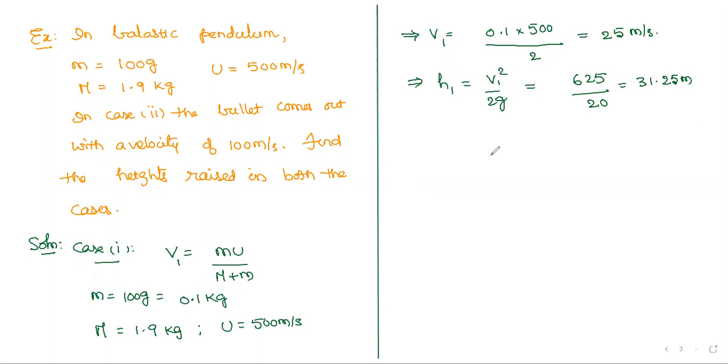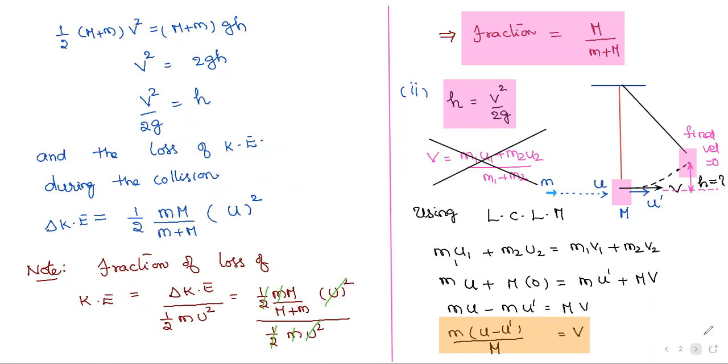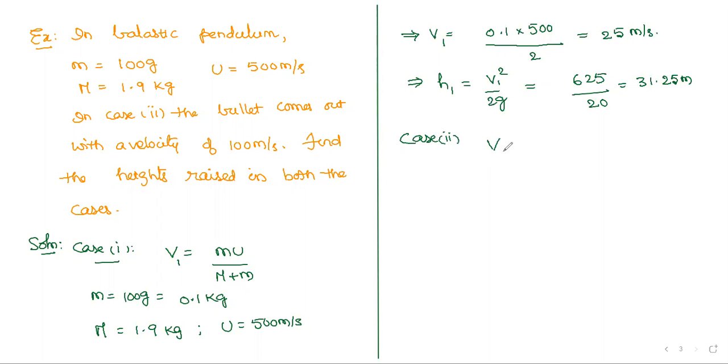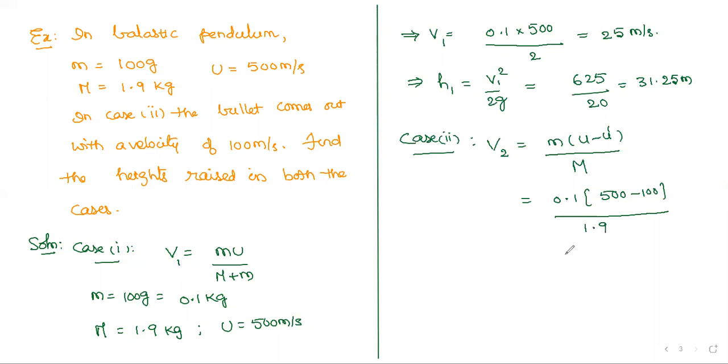Just keep in mind the value, and come to case 2 now. In case 2, no need to actually turn back. The formula for V in case 2, I write it as V2, is m into u minus u dash by capital M. So m is 0.1, u minus u dash is 500 minus 100, divided by capital M, which is 1.9.